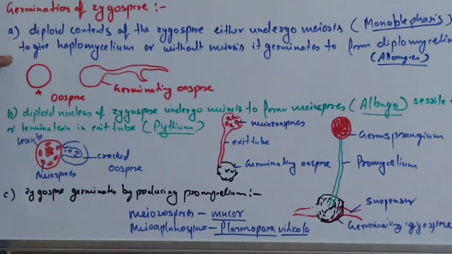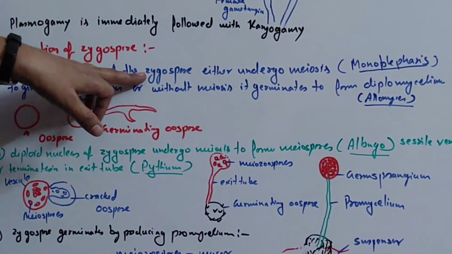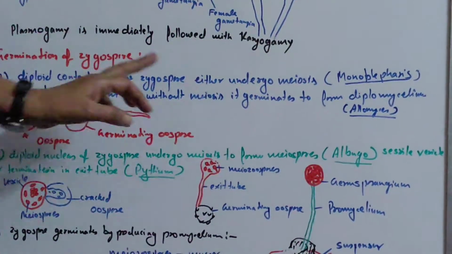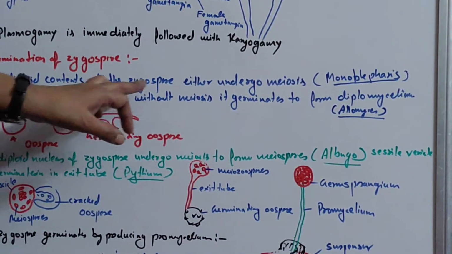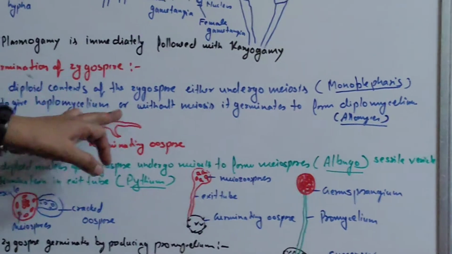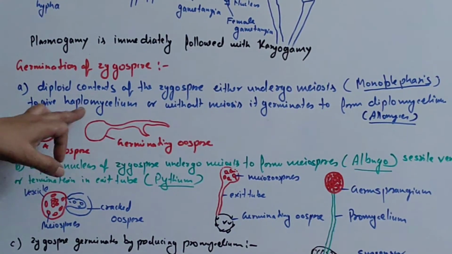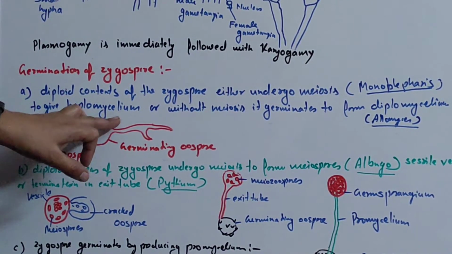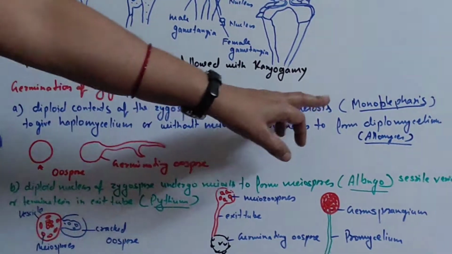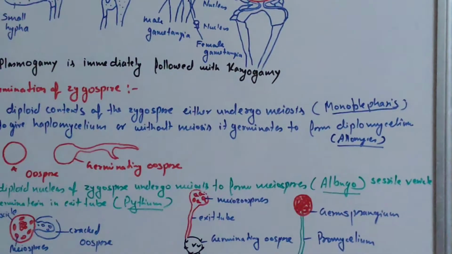One is the case in which the zygospore germinates after meiosis. When meiosis occurs at the time of germination of the zygospore, a haplomycelium is produced. Haplomycelium means the mycelium having haploid nuclei. Such a haplomycelium is produced in the case of Monoblepharis.